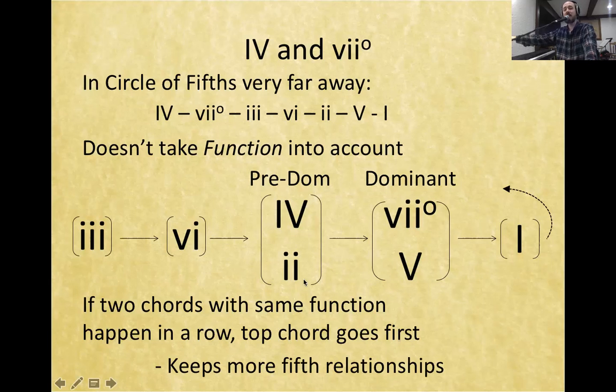So if we wanted to have both a 4 chord and a 2 chord, we would go to the 4 chord first, so that from the 2 chord we would have the circle of fifths motion to 5, and then circle of fifths motion from 5 to 1. That's the way we notate this.